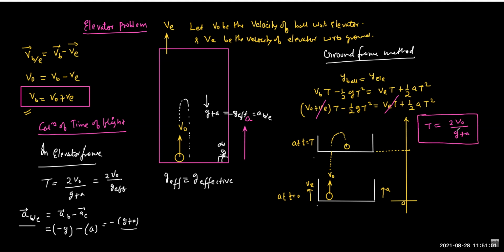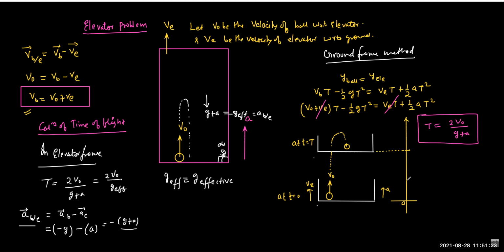But you can see that it's really faster to solve in the elevator frame. Once you know the acceleration of the ball in the elevator frame, and the initial velocity of projection in that frame, we can use the concept of vertical motion to directly get the answer.